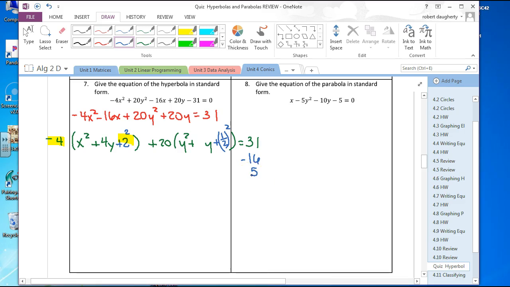So this is 31 minus 16 plus 5, that is 20. So I get negative 4 times (x plus 2) squared plus 20 times (y plus 1/2) squared equals 20. I'm going to divide everything by 20.